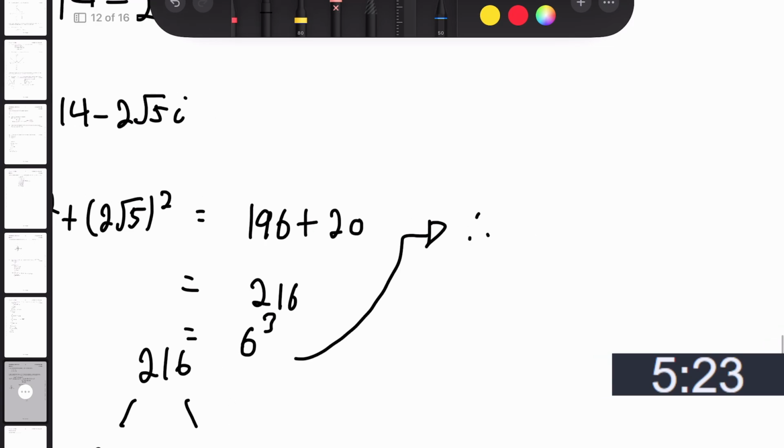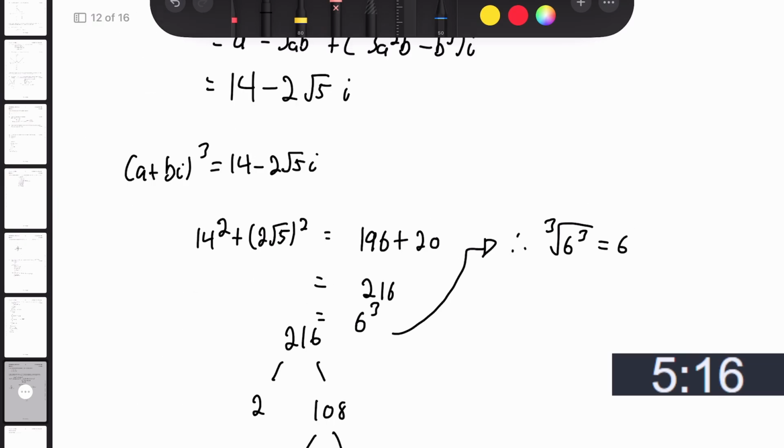Therefore, third root of 6 to the power of 3 is clearly going to be 6.